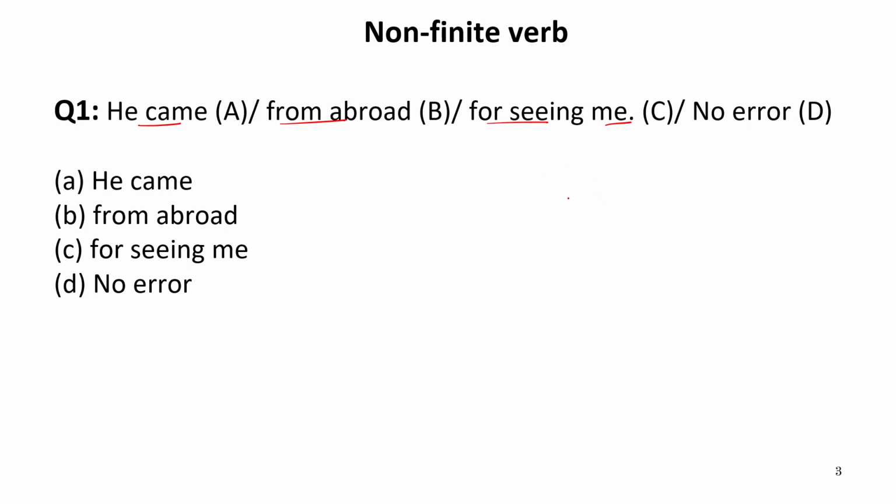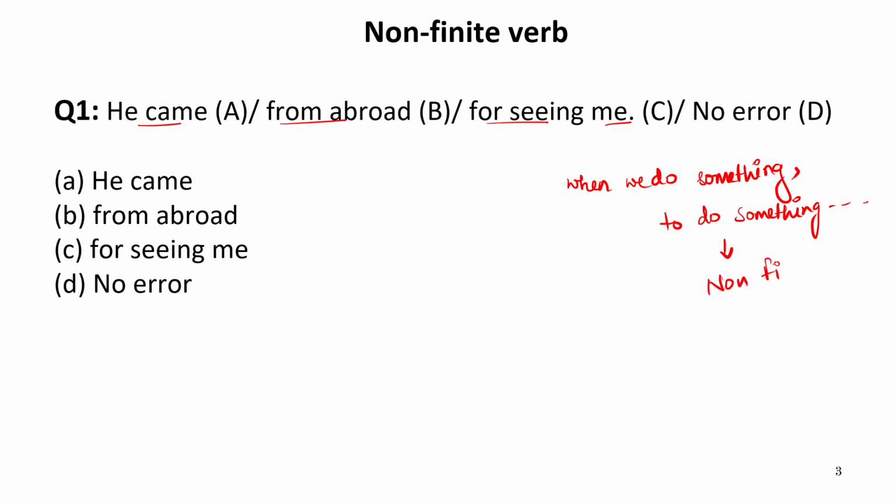Now, as I told you, if the condition is there, when we do something to do something, whenever this condition appears, like when we do something to do something, we apply non-finite verbs, and that is infinitive.